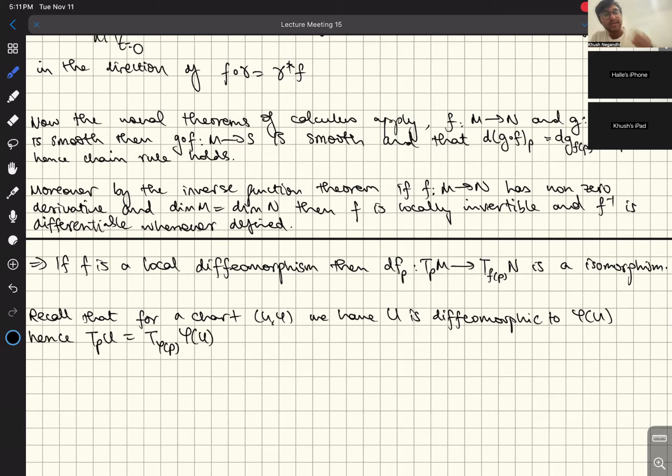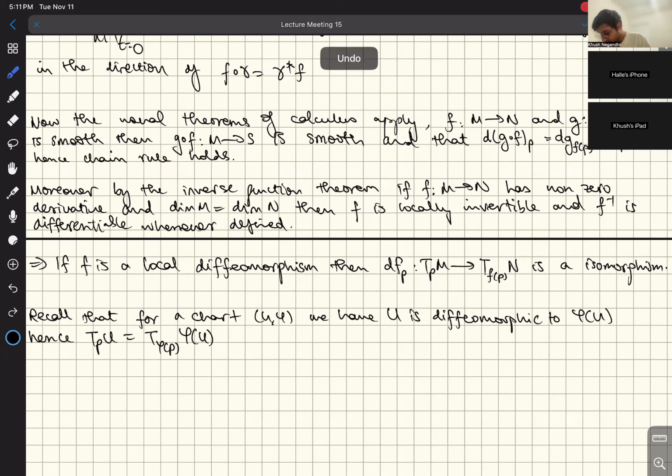And now note that the inclusion map is a local diffeomorphism in this case, right? It's a local diffeomorphism because at each point on the domain, this is just identity, and identity is a trivial diffeomorphism.